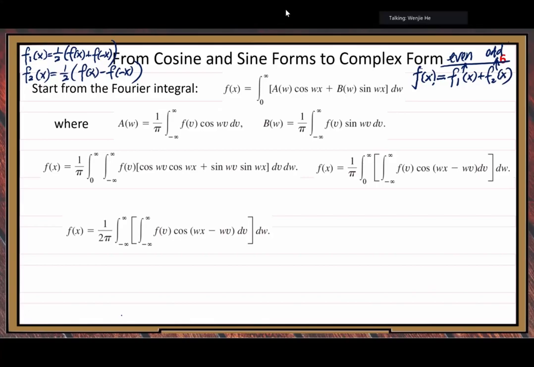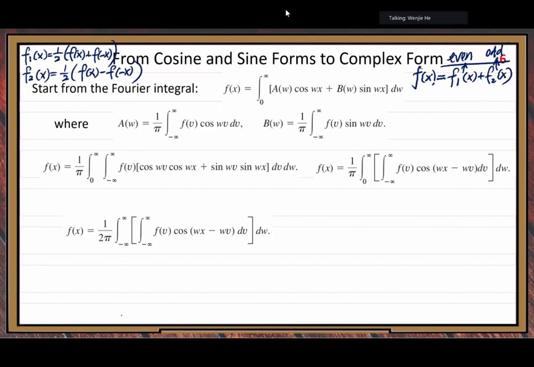Then think about this function: if you replace w by negative w, do you get the same thing? Based on our definition of an even function, if you replace the w variable by negative w, you get the same thing. So you can easily see that this whole function is an even function.